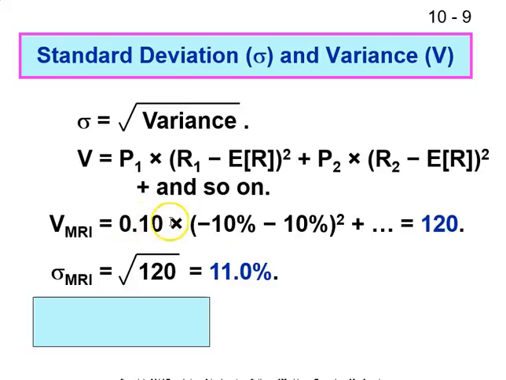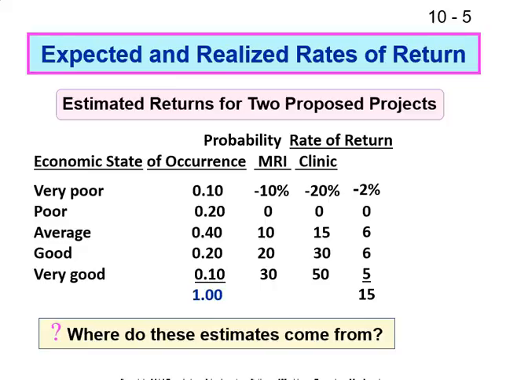So let's just double check. Where are we getting these numbers from? This 0.10, this -10%, -10. Remember, we're getting that from up here. There's our probability of a very poor economy, 0.10 or 10%, but we're going to leave it in the point form. And the bad economy would return a -10.